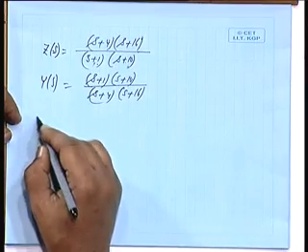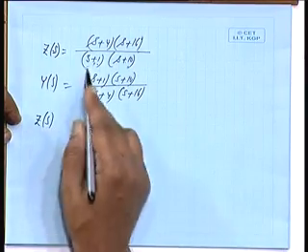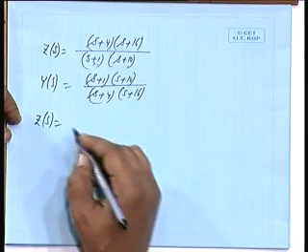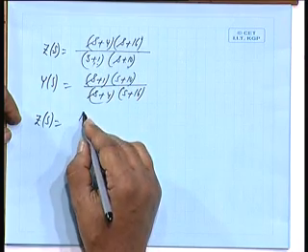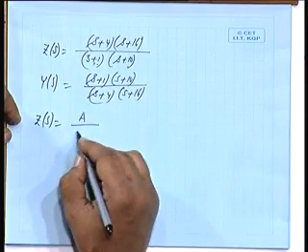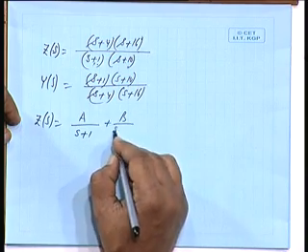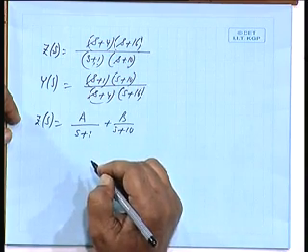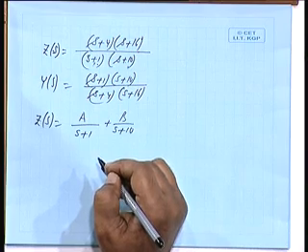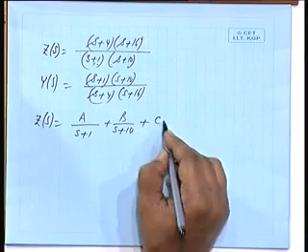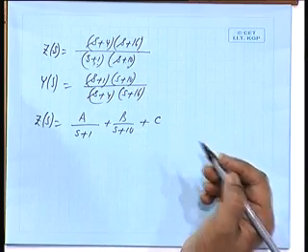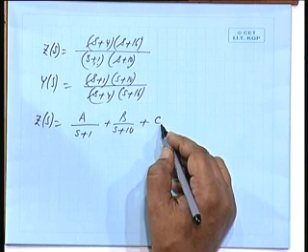If I have Z(S) given like this, say this particular example, I can make partial fractions A by S plus 1 plus B by S plus 10, plus some constant C, all right.